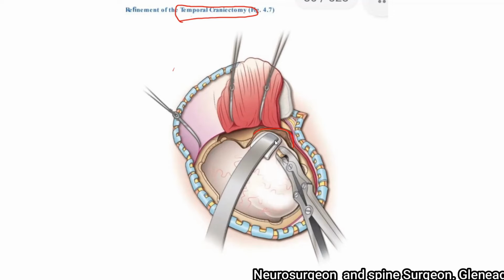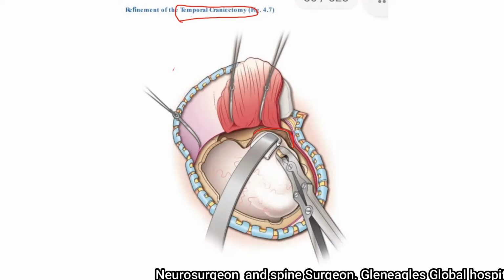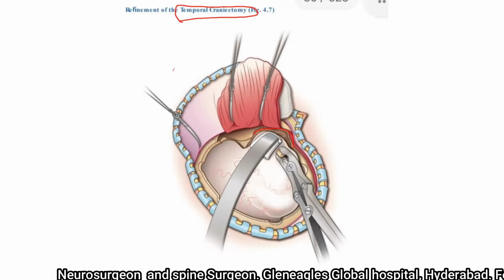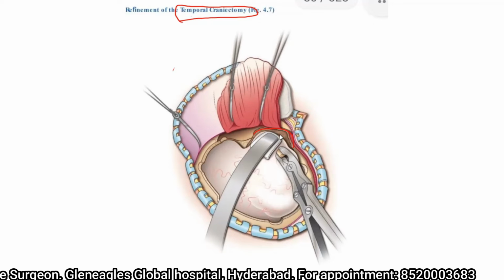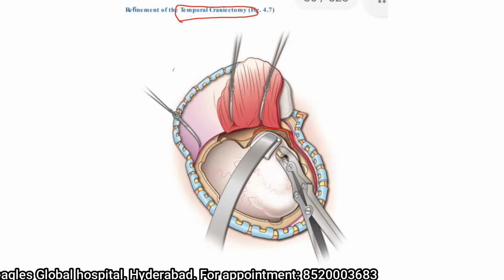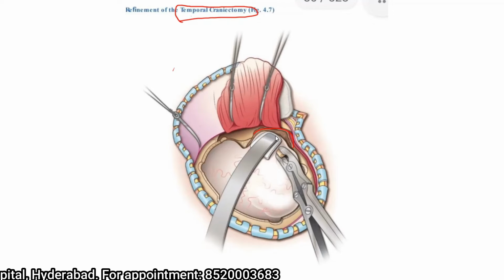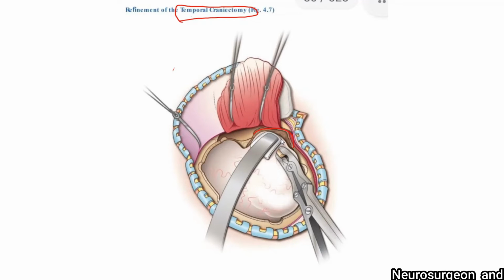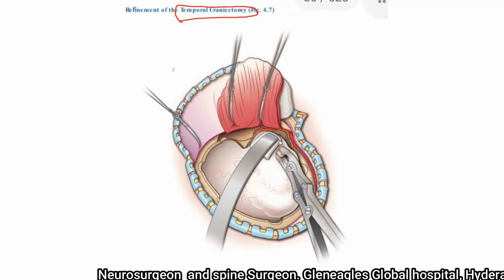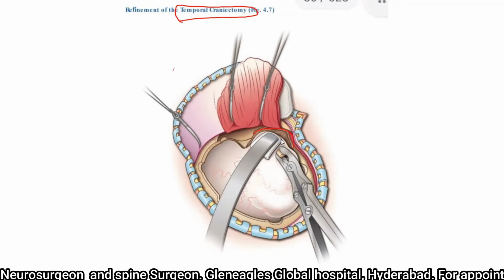Initially, using a dissector delicately, I separate the dura mater from the remaining part of the squamous temporal bone until I visualize the skull base, that is, the base of the middle cranial fossa. At this time, there may be an injured or torn middle meningeal artery, which may bleed. If it is torn and bleeding, try to secure it with bipolar cautery.